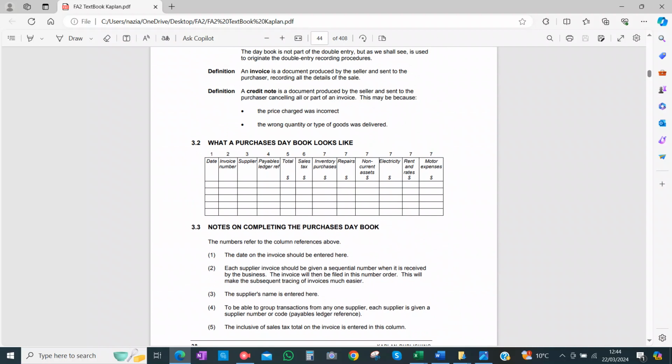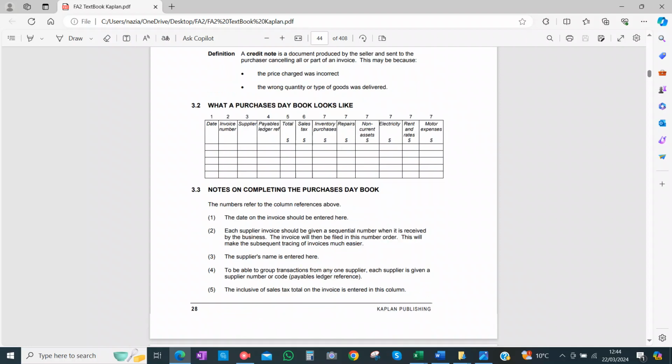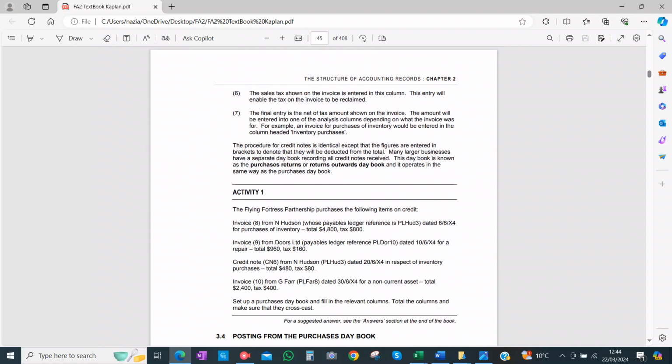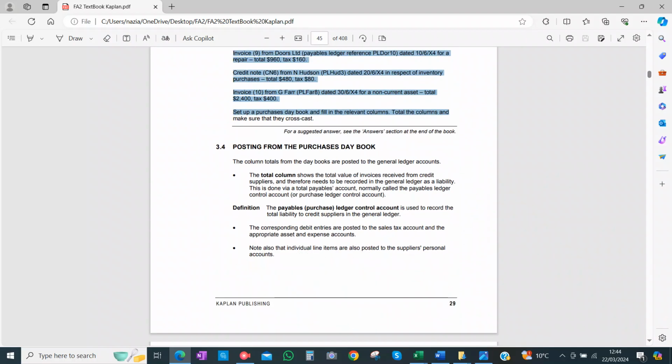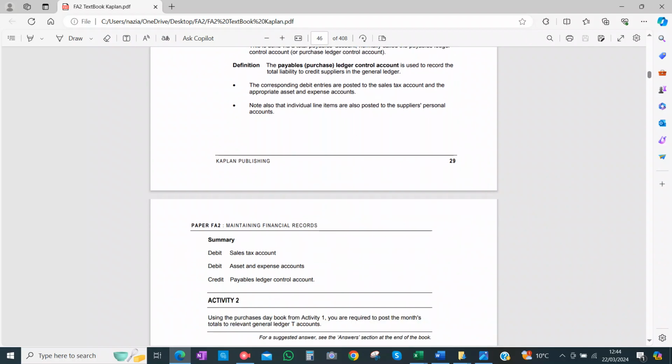For example, we have just studied how the purchase day book looks, how we create columns and rows, and each column has a value. We enter all records and then we calculate the total on a monthly basis. When a month ends, we will total each column, and the total figure will go to the respective accounting ledgers. So here is the question that we are going to solve in our next class.